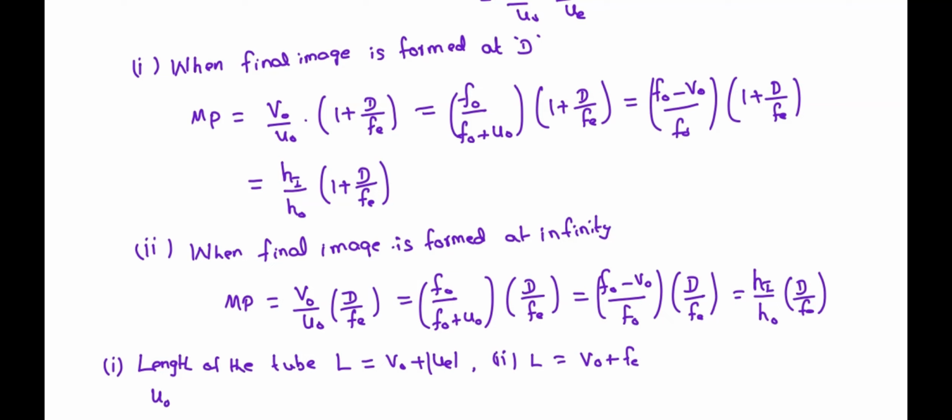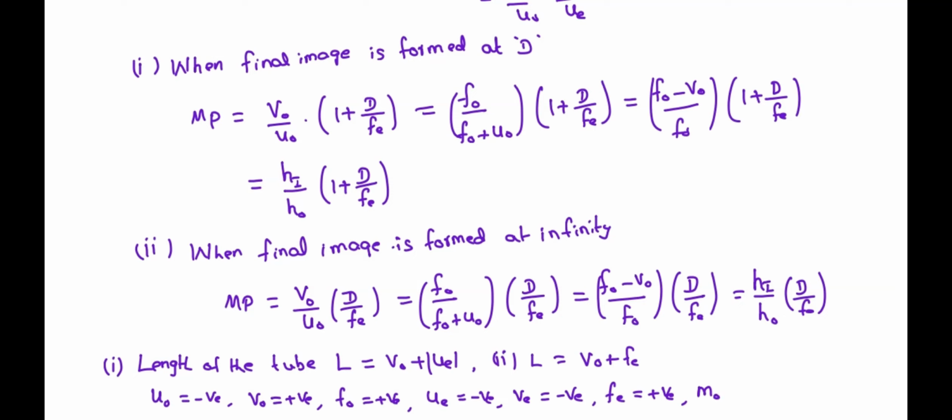u0 should be taken as negative and v0 will be taken as positive. f0 is a positive value. ue will be negative. ve will be negative. fe will be positive.